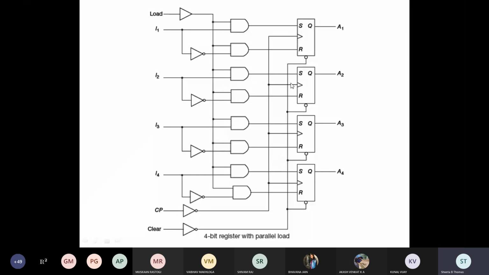Both cannot be 0, both cannot be 1. Am I right? Because in one AND gate, direct I1 is given and in another AND gate, it is given with the help of an inverter. So it will be either set or reset. Understood? You see the diagram. If you have any doubt, any confusion, you can raise your question. Just see the diagram carefully first.